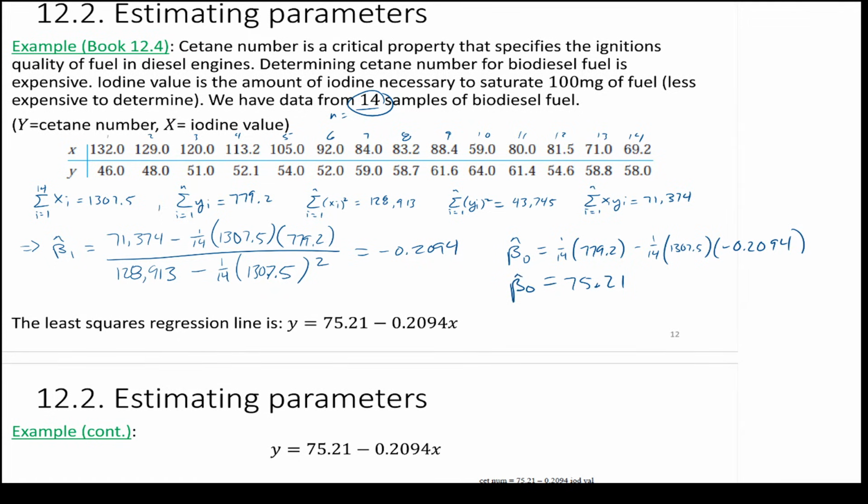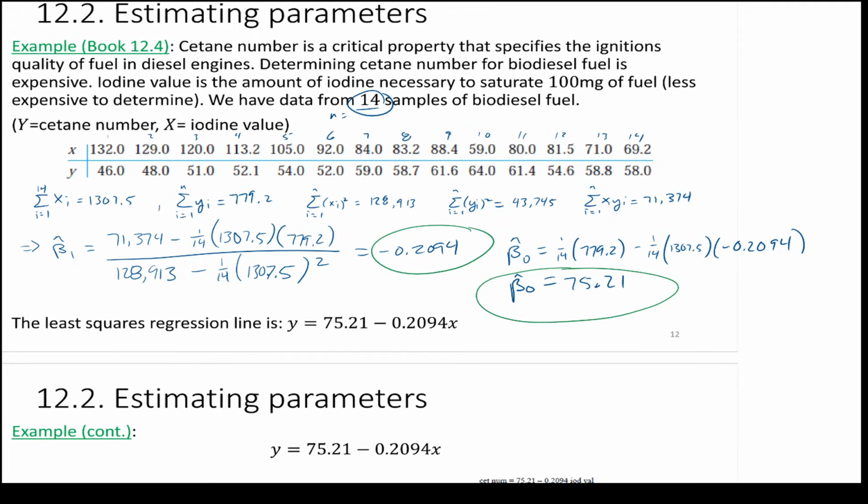So we got our linear regression estimates, beta 0 and beta 1. Just double check. Yes, 75.2136.